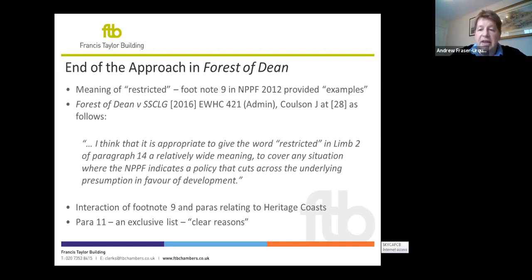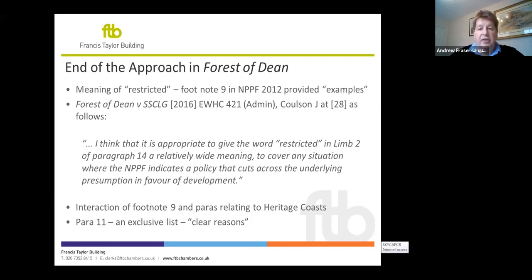First of all, the list of examples in footnote 6 to paragraph 11 is now an exclusive list. So it is limited to such matters as heritage assets, green belts, heritage coasts, and so forth. And it is an exclusive list. So there's no opportunity now for sneaking in other parts of policy and saying that they can be included in the way one could previously.